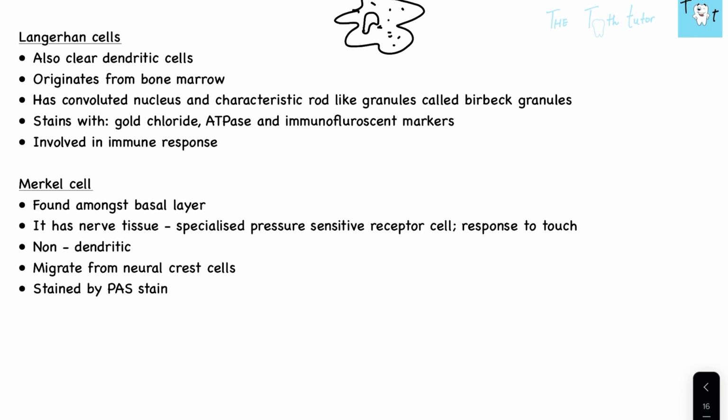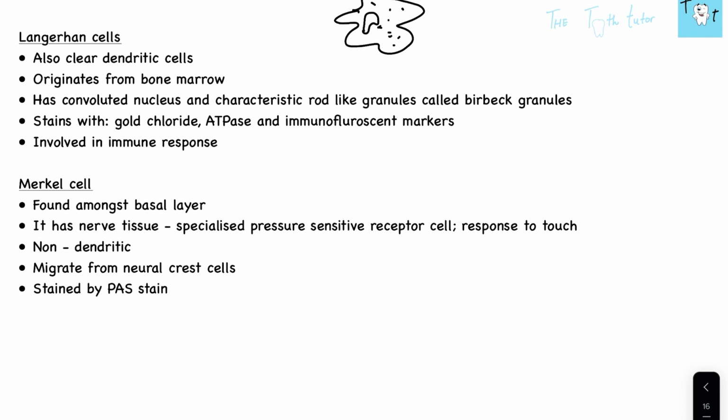Okay. They are stained with gold chloride, ATPase, and immunofluorescent markers, and they are involved in the immune response. So the main points you should remember for your university examination is these are also dendritic, they originate from bone marrow, and they are involved in the immune response.